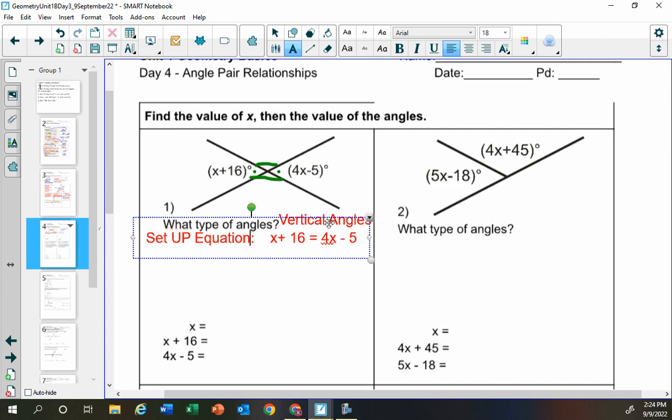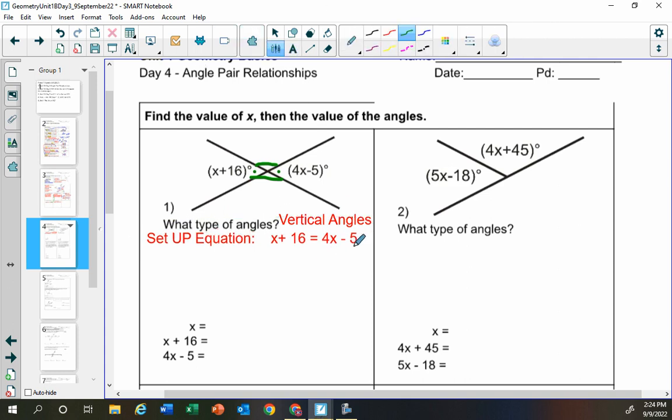Now, are we at a point where we can solve for x? Who could tell us our first step to solve for x in this problem? What do we do first? Minus x, exactly. Very good, minus x.